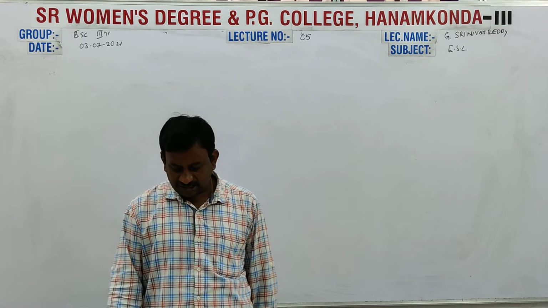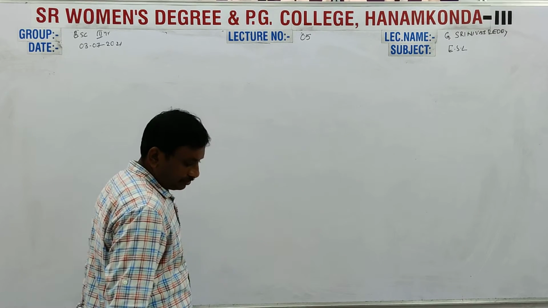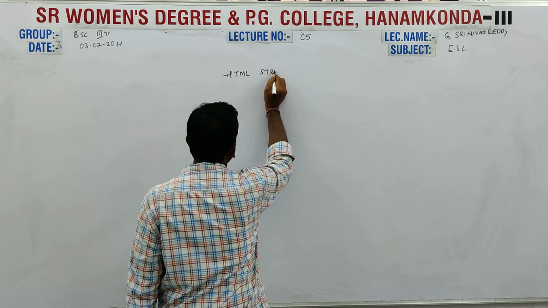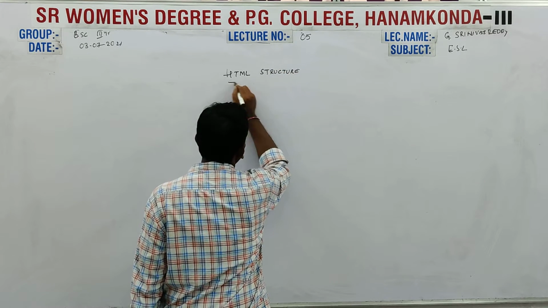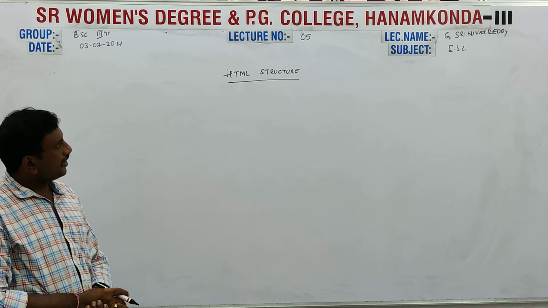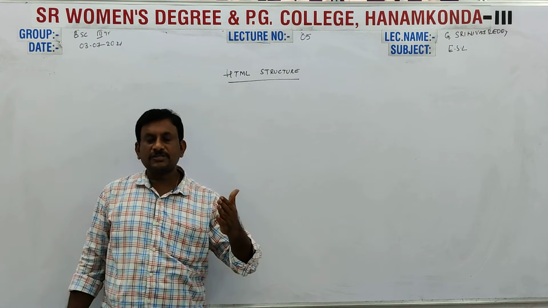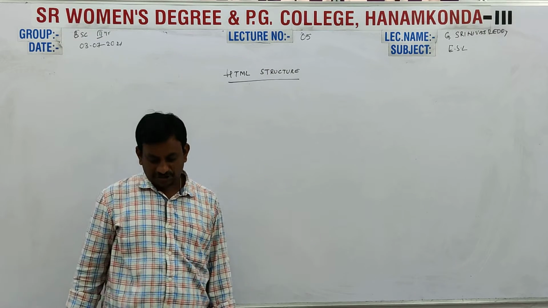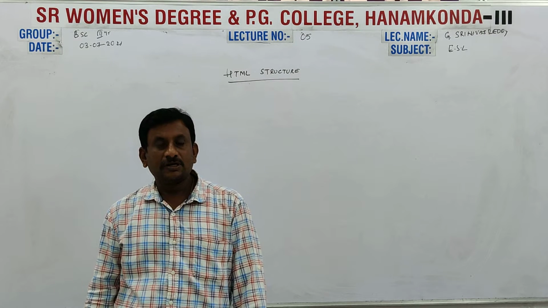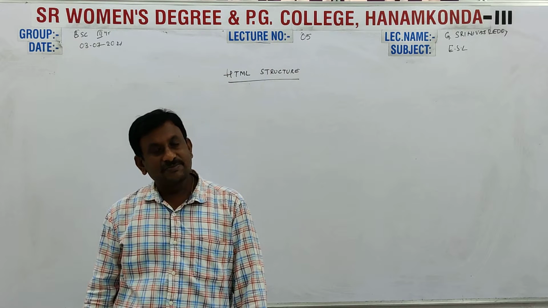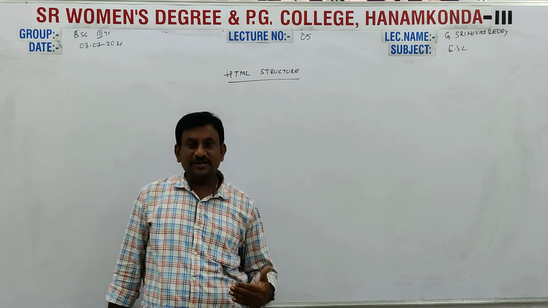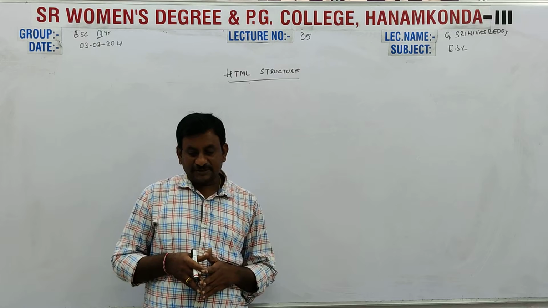Now we are discussing the HTML structure. What is structure? In languages you already studied, like Java, C++, and C, when you develop programming code there is a structure. In C there are the documentation section, definition section, and linkage section; similarly, C++ has definition, documentation, linkage, main, and subprogram sections. Similarly, a markup language has a structure.